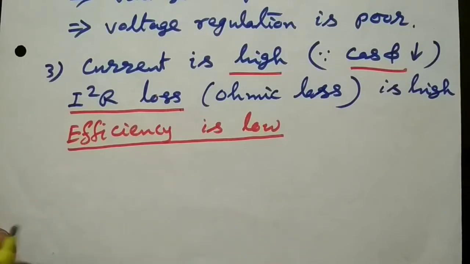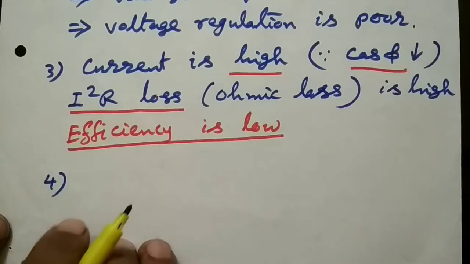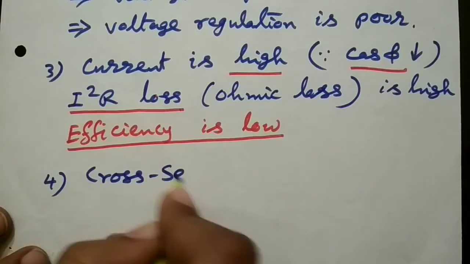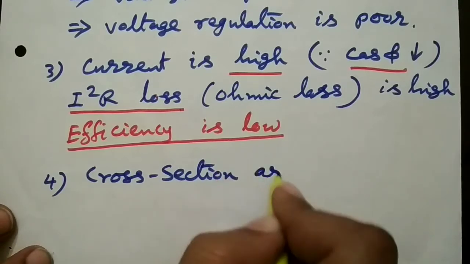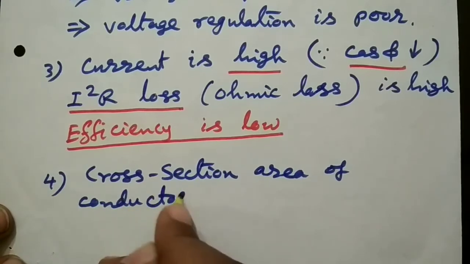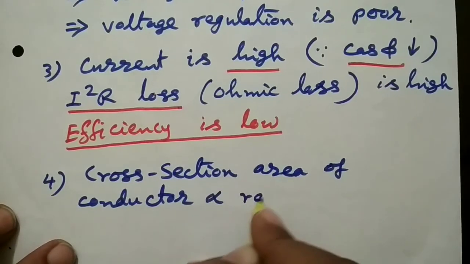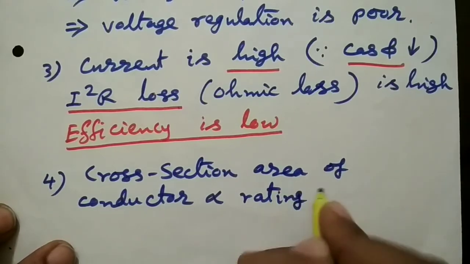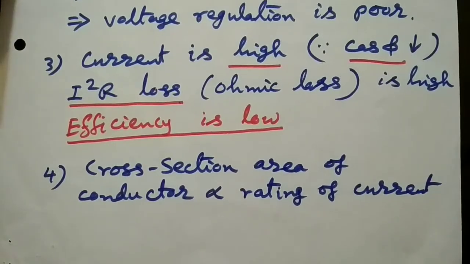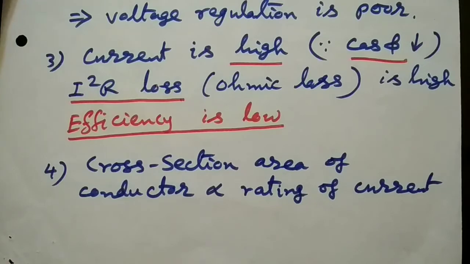The next disadvantage is that the cross-section area of the conductor is directly proportional to the rating of the current. That means if the power factor of the system is low, the current rating will increase, and therefore the cross-section area of the conductor should also be increased.